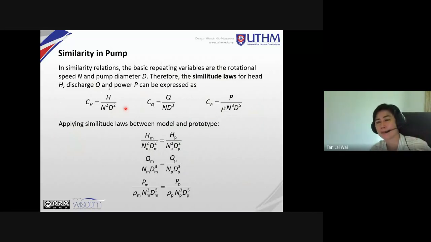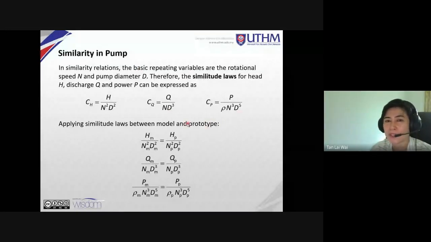For similarity in pump and turbine, the formula is actually the same except for one, which is just either the square root of one value. It could be this, square root of H over N D. But we'll go there later.